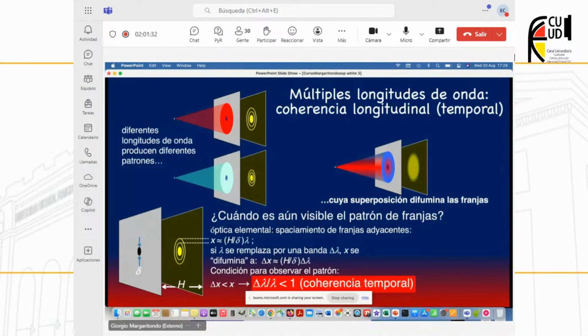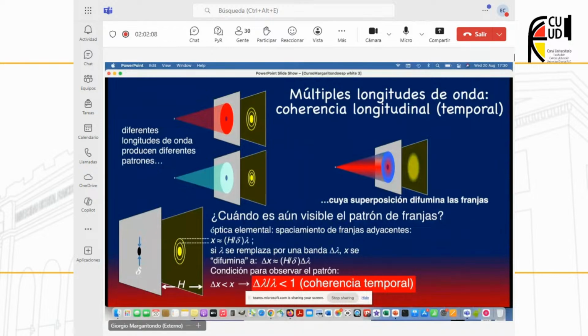That is, how do we get this delta lambda over lambda smaller than 1? Now, this is related to the fact that our eyes only detect a portion of what is emitted spectrally by the sun, the portion that is the visible radiation. And if you're looking at the bandwidth of visible radiation with respect to the center, which is the green, you realize that you get this condition, and that's why you see this kind of phenomena, although they are quite rare because you need all the necessary conditions.